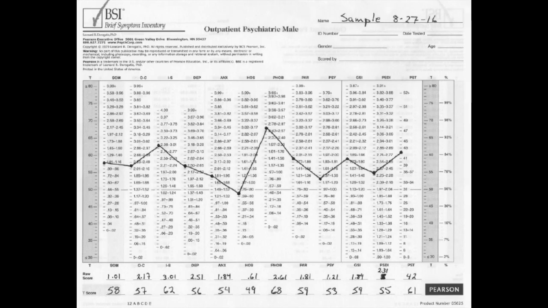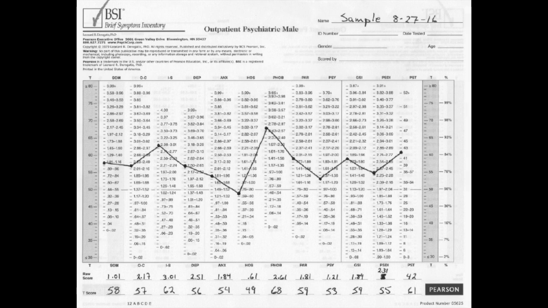Oh, HOS is 61, quite high raw score there. Hostility, okay. Then PHOB is 2.61, PAR is 1.81, and PSY is 1.21. And the global raw scores, GSI is 1.73, PSDI is 2.31, and PST is 42. 42 symptoms endorsed. Okay. Those are the raw numbers.